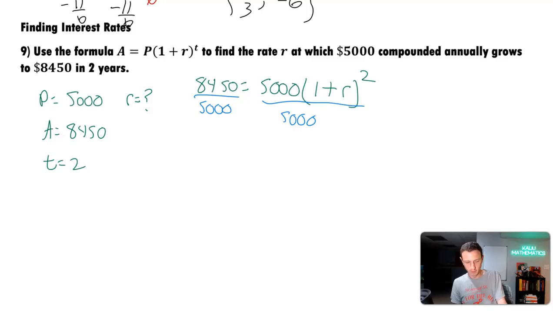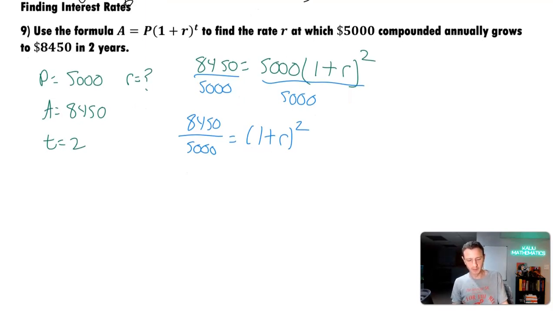So we have 84.50 over 5,000 equals 1 plus R squared. Let's simplify 84.50 and 5,000. Let's divide those by 5.